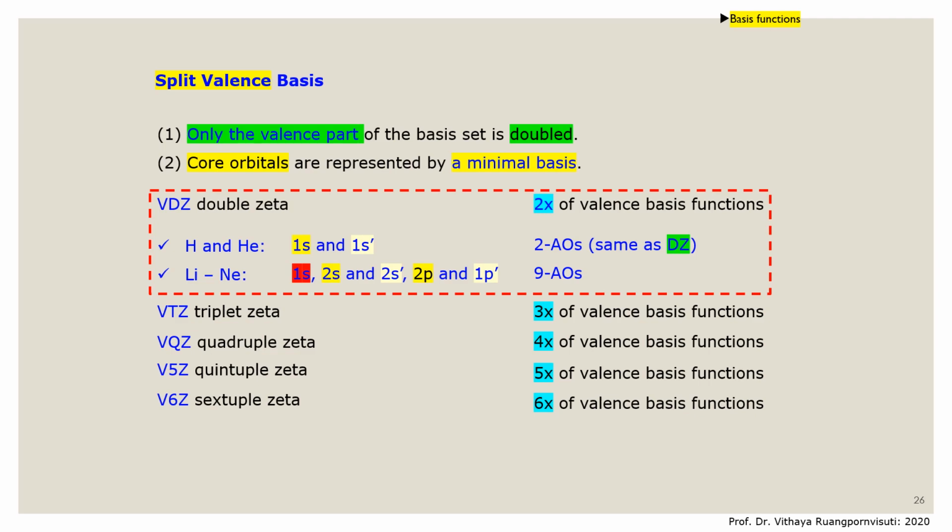For the hydrogen atom and helium atom, 1s and 1s prime, two atomic orbitals. This one is the same as the DZ basis set. For lithium to neon atoms, 1s, 2s, 2s prime, 2p, and 2p prime are used: 9 atomic orbitals.